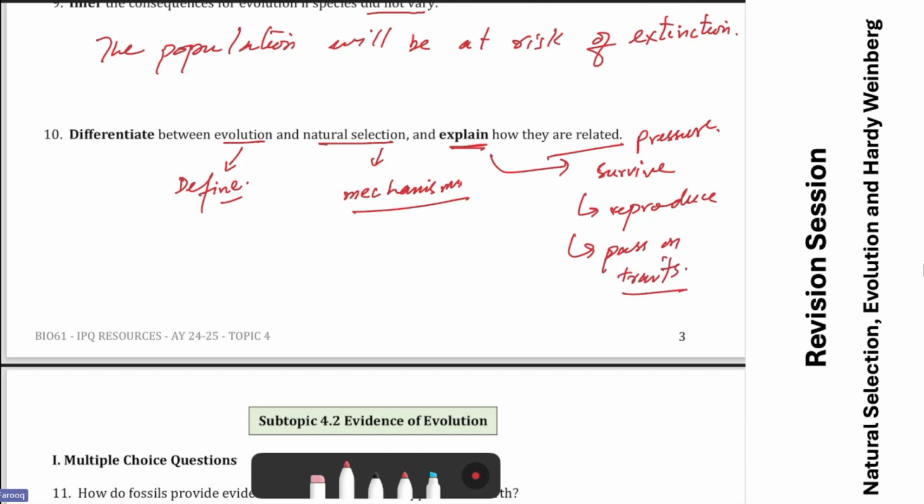These selected organisms have gone through evolution. You can say it in the final conclusion: natural selection is the mechanism by which evolution occurs.